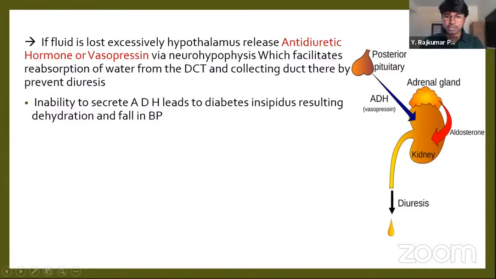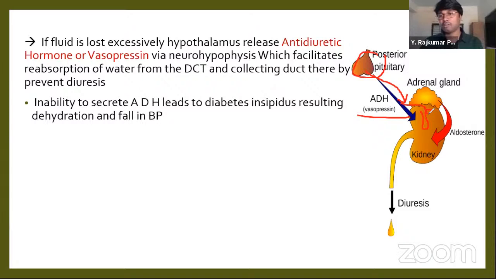Here in the picture you can see this is the posterior pituitary and ADH is released. This ADH, which is vasopressin, acts on the DCT, the distal convoluted tubule of the nephron. Suppose this is the nephron, this is the distal convoluted tubule.